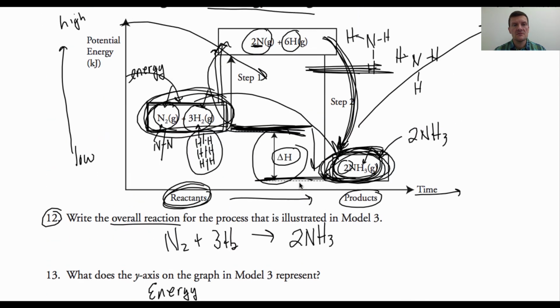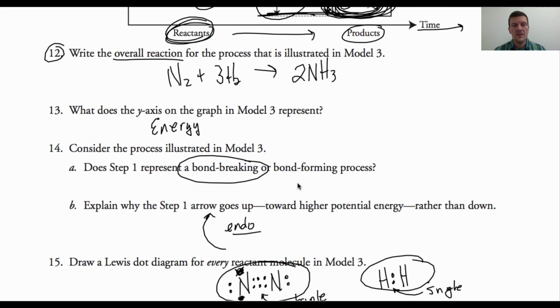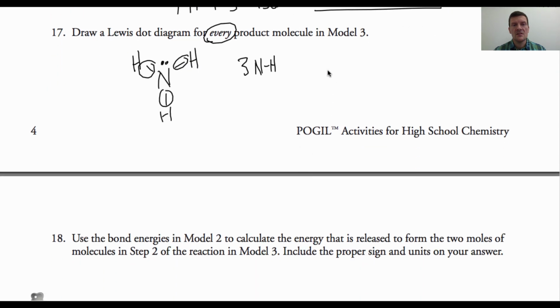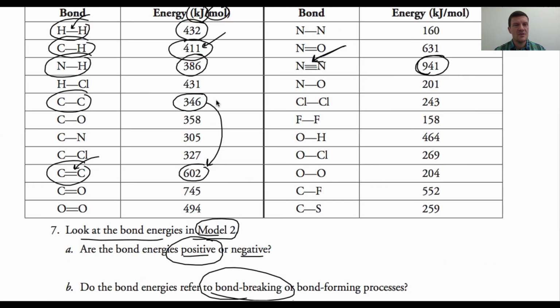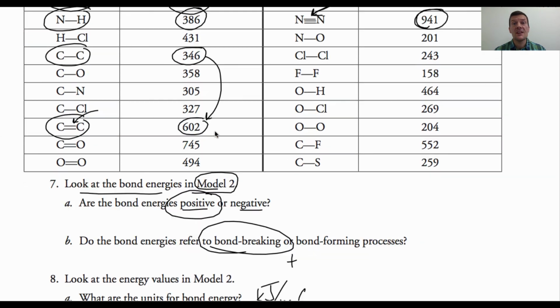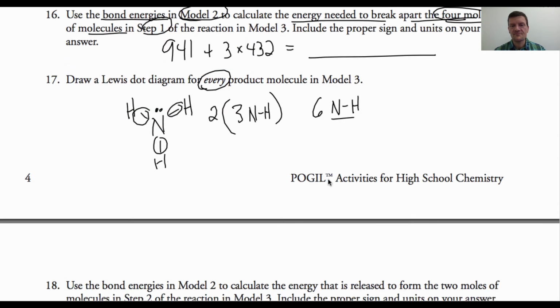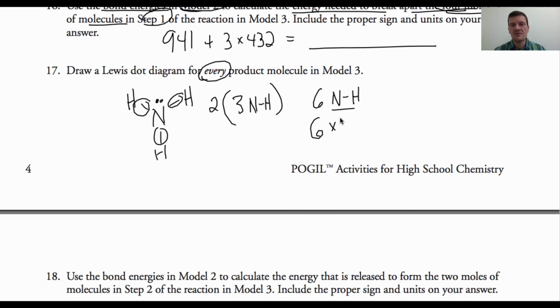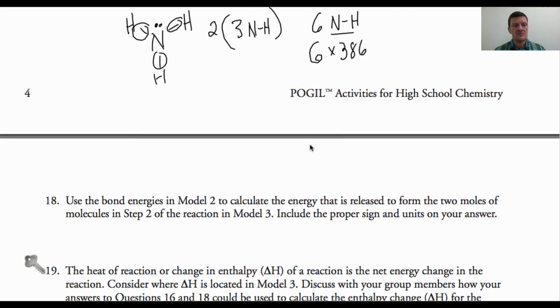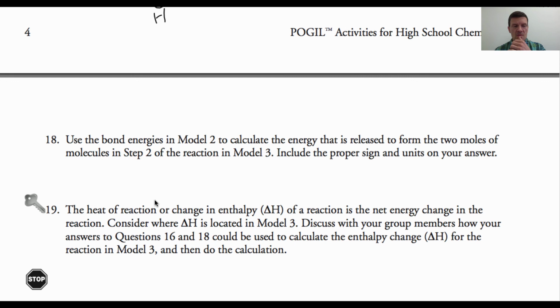So we have to multiply that by 2 moles. So we have actually 6 moles of these bonds. 6 times the NH bond, 386. So 6 times 386. And what we should see here is, well, let's continue with the questions.